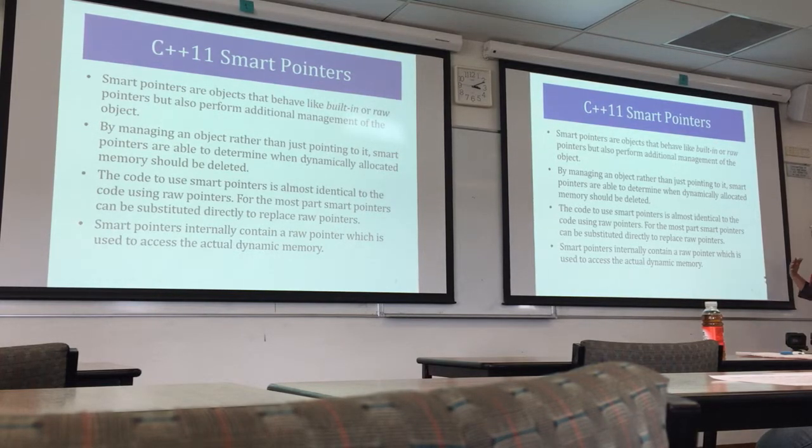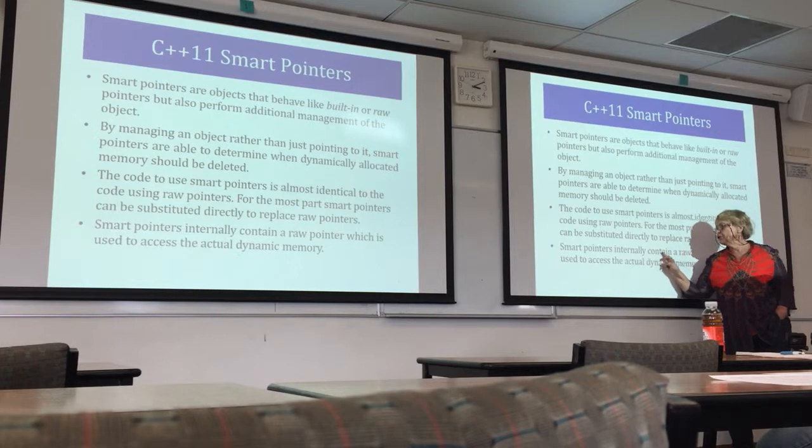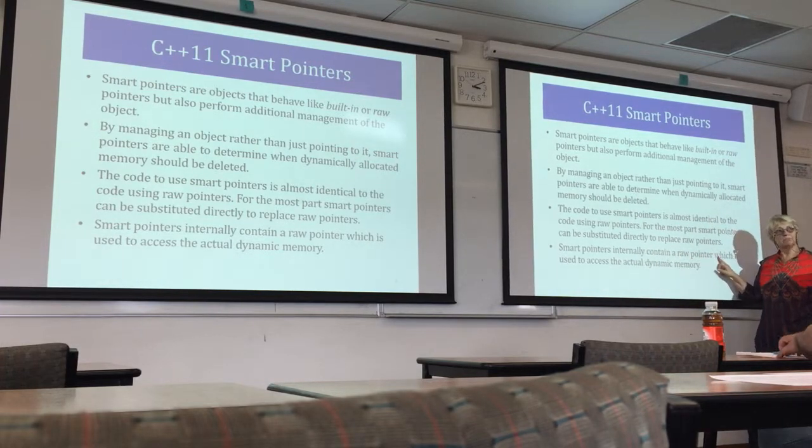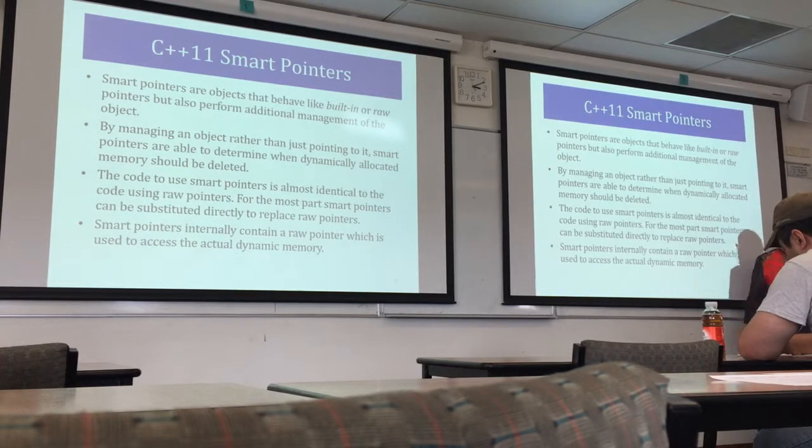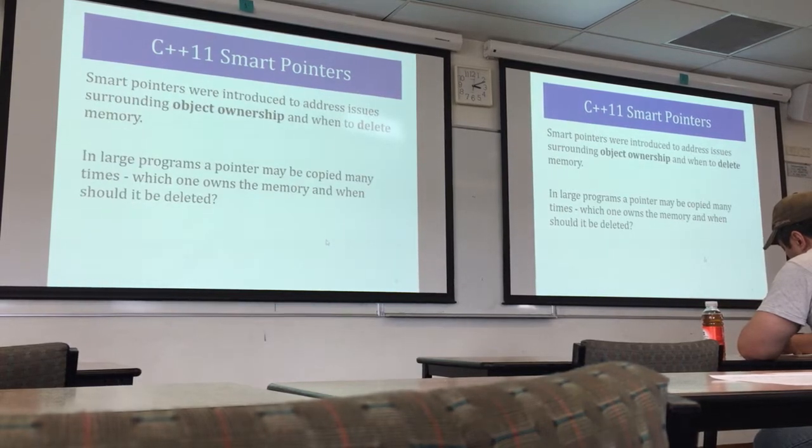So smart pointers internally contain a C pointer at the moment, a raw pointer, and some other tools we will see in a second. But around these raw pointers we have some methods which work behind the scenes when objects go out of scope.